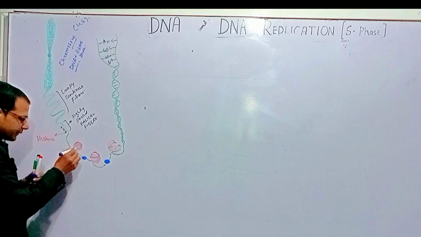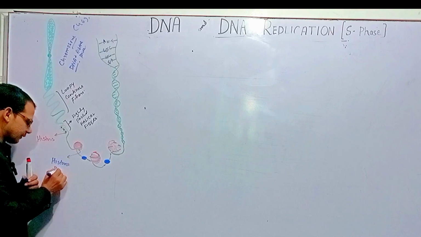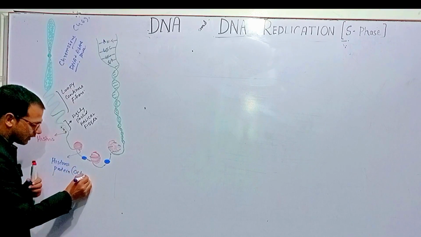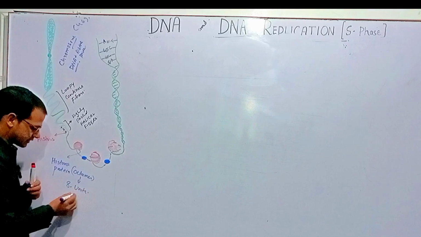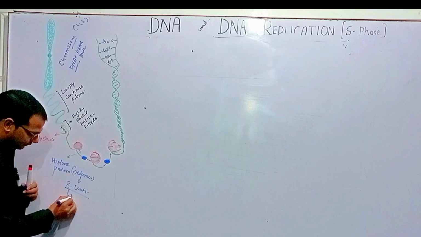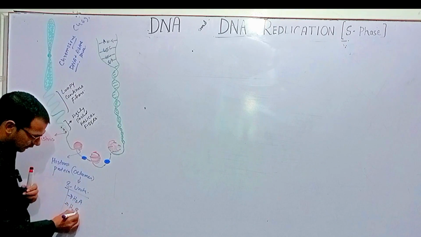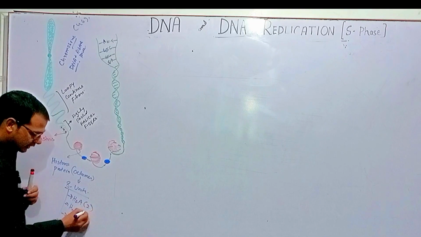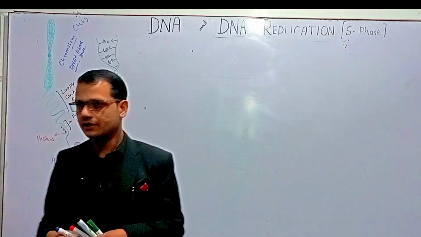This red is histone protein, and this histone protein is also known as octamer because it is composed of 8 units. Those 8 units are H2A, H2B, H3, H4. Good. 2 units, 2, 2 and 2. These are the full 8 units, right?